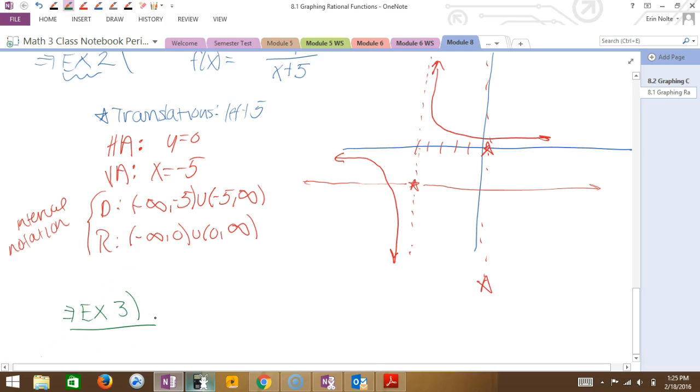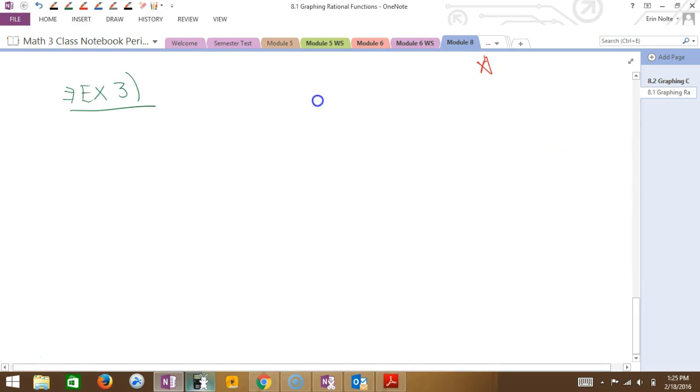So we had a vertical shift on the first one, and we had a horizontal shift on the second example. So what do you think the third example is going to be? Both?